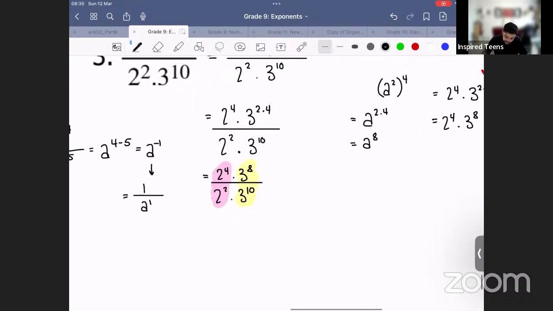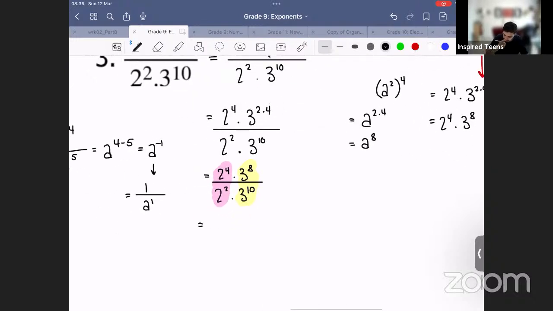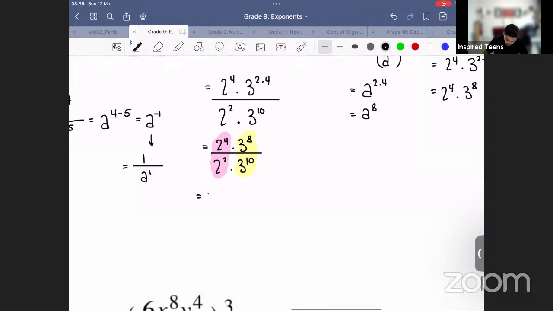Okay, we'll do this example here. So 2 to the 4 is going to become 2 to the 4 minus 2 for the base of 2. For the base of 3, it's going to become 8 minus 10. So when we simplify this, it becomes 2 to the 2 times 3 to the negative 2.